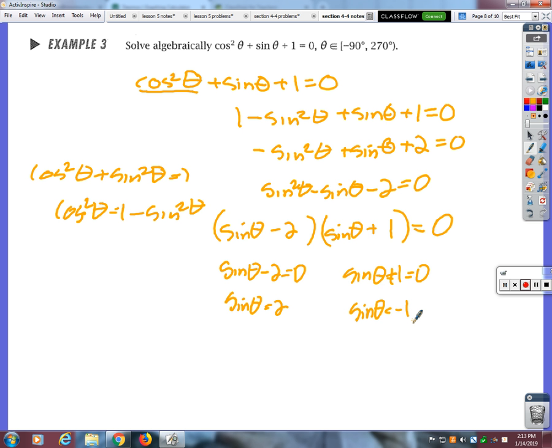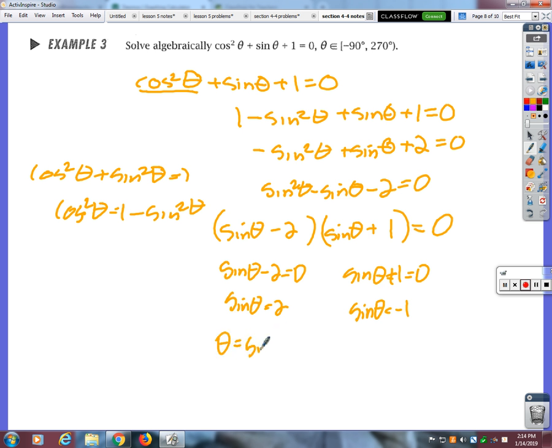So how do you get rid of the sine? How do you solve that for theta? Inverse sine, that's what we've been working on. To get rid of a sine, you have to do the opposite of sine, which is inverse sine. So if I take the inverse sine of this side, the inverse sine and the sine cancel and leave me with theta.